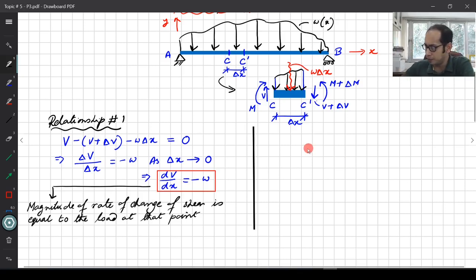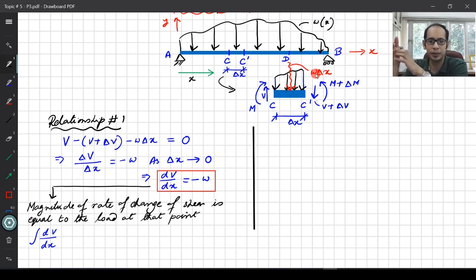Now if I take this equation and integrate it between two points, suppose in this beam I have a point C, and farther away another point D. If I integrate the equation which I just derived, the integral of dV/dx, measuring x from this end, with the distance to point C being xc and to point D being xd, from xc to xd I will get the negative of the integral from xc to xd of w.